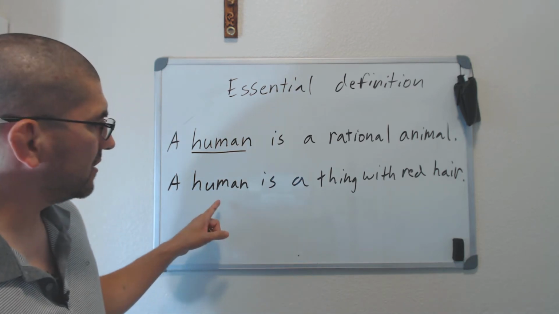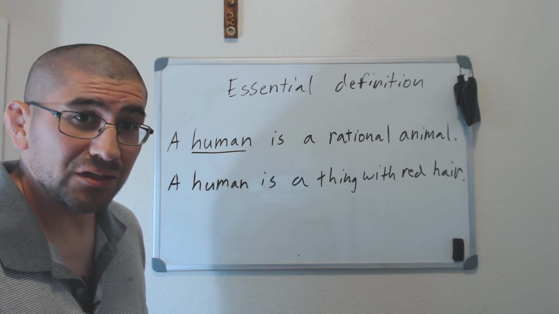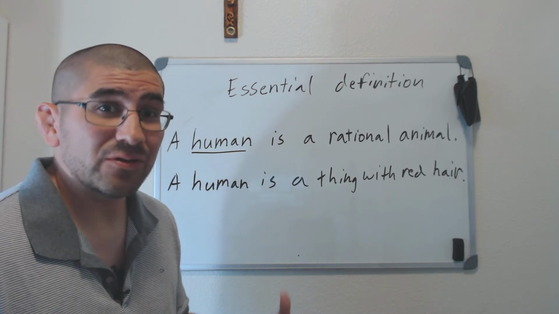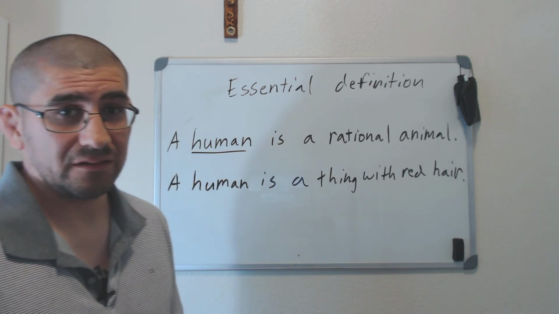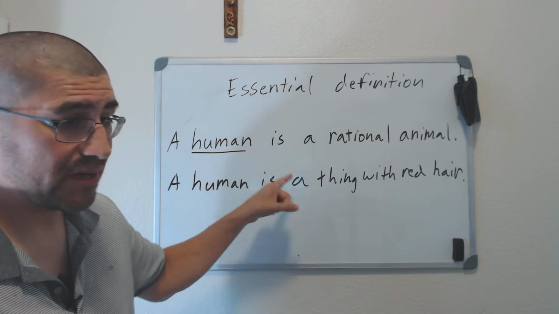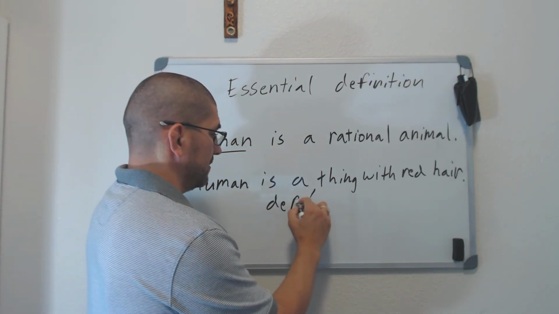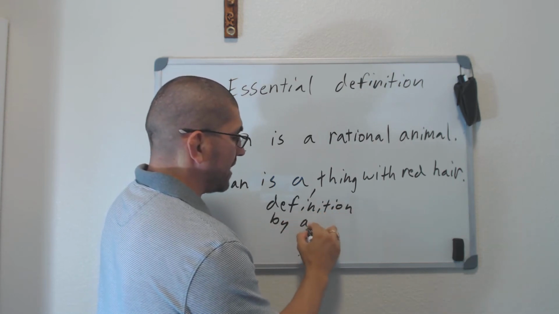Why? Because it does not apply to all human beings. And using the rules that we went over already, what would that make it? It would be too narrow, right? So it's not a good definition. What we call this type of definition right here is a definition by accident.